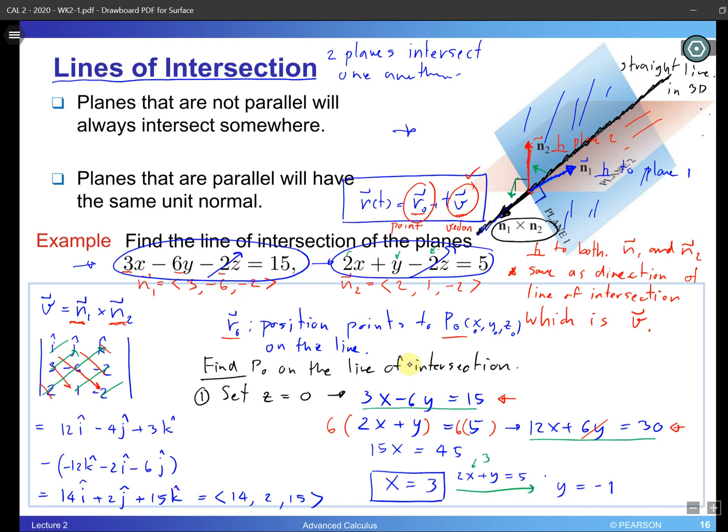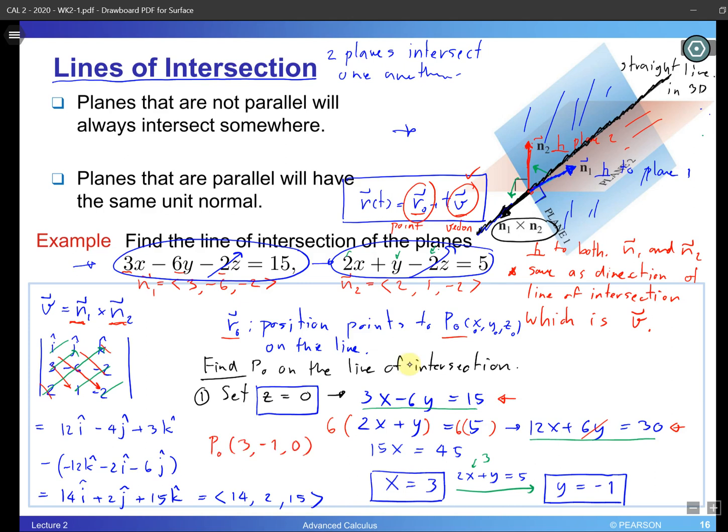So this is the y component for point P0. The z component is already here, so combining these three coordinates, we have point P0 equal to (3, minus 1, 0).